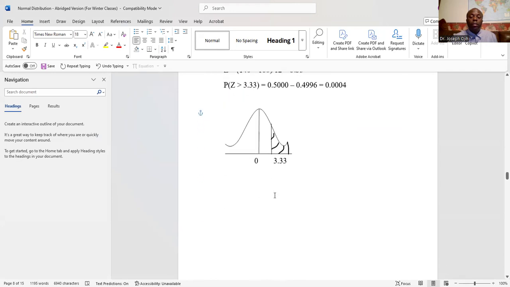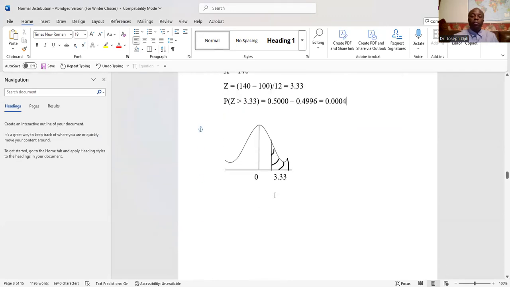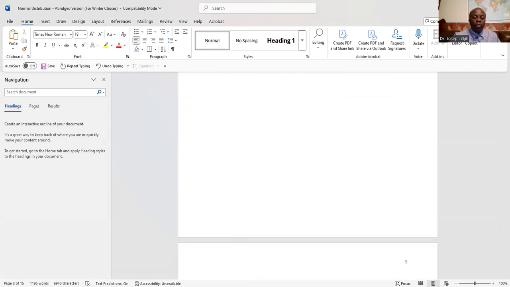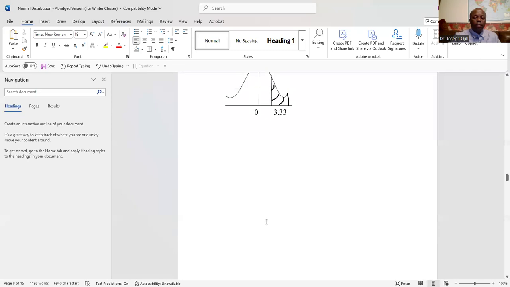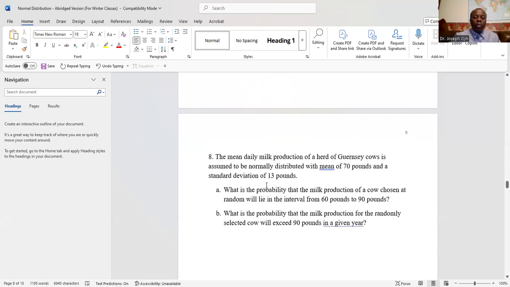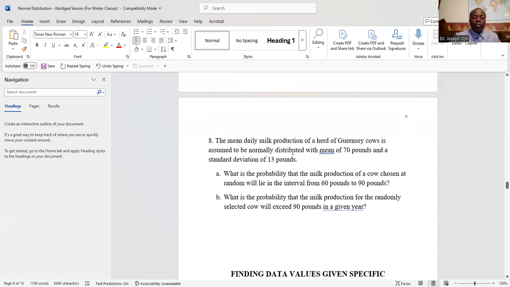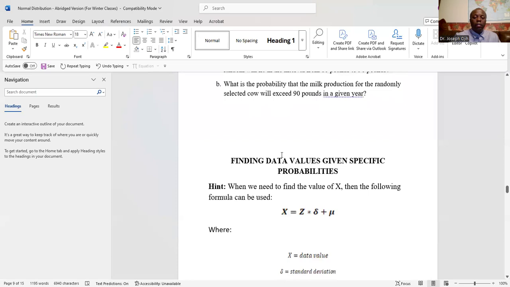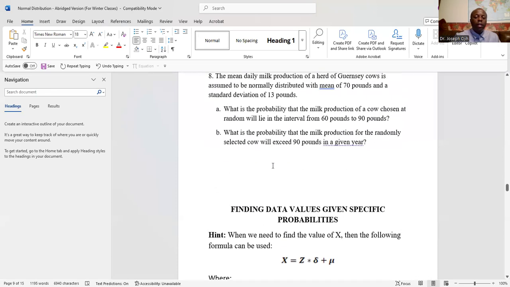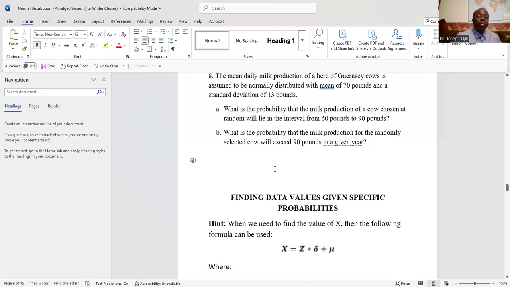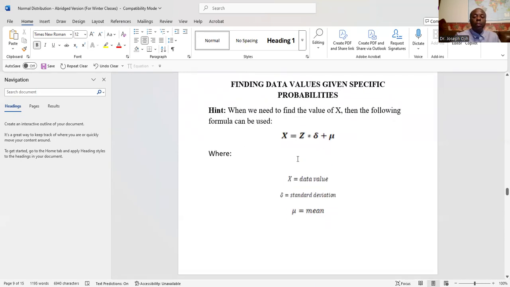Any questions on this, guys? No questions. Good. So at this point, we are ready to take a look at the next concept. You can try this one as practice. Let's look at the concept of finding data values using specific probabilities.